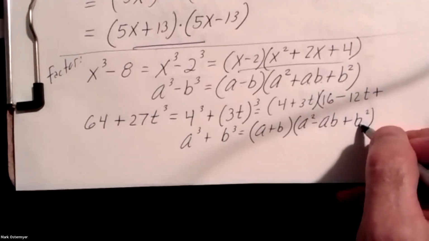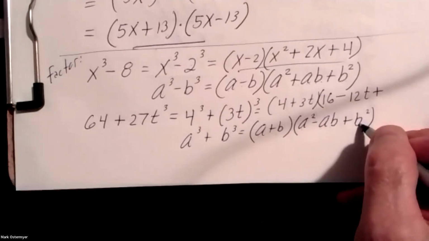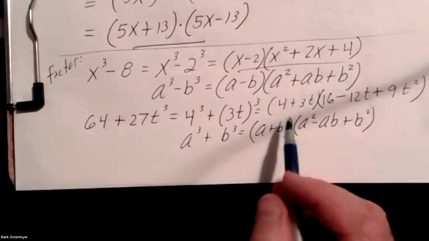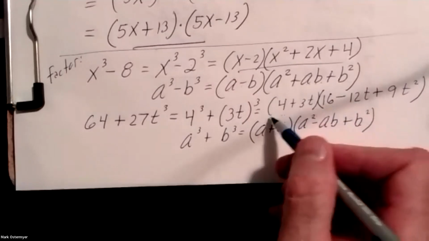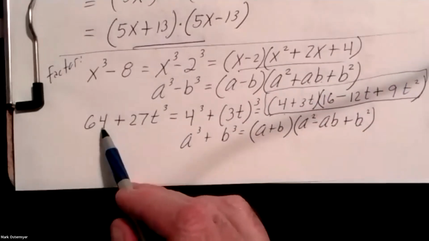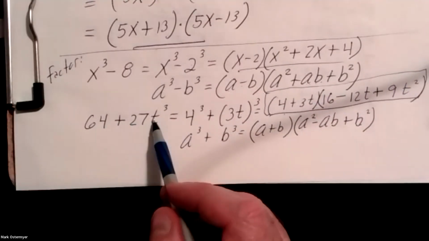What's 3t times 3t? That'd be 9t squared. And we're done. That's the factorization of 64 plus 27t cubed.